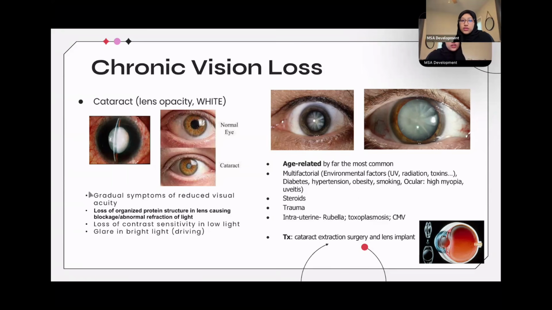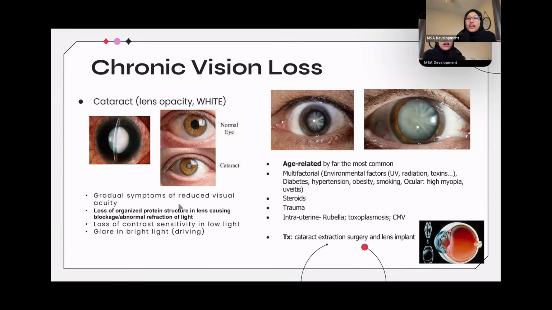Again, the symptoms are gradual. Why is that? Because the proteins or the fibers in the lens start to become disorganized over time, with age mainly, and that can cause abnormal reflection in the eye, like blocking the light path. So it can cause symptoms like reduced contrast sensitivity, which means in low light they cannot see much in darkness, and in bright light they will have another problem, which is glare. So when driving at night, for example, they will have trouble seeing because of the bright flashes of light.